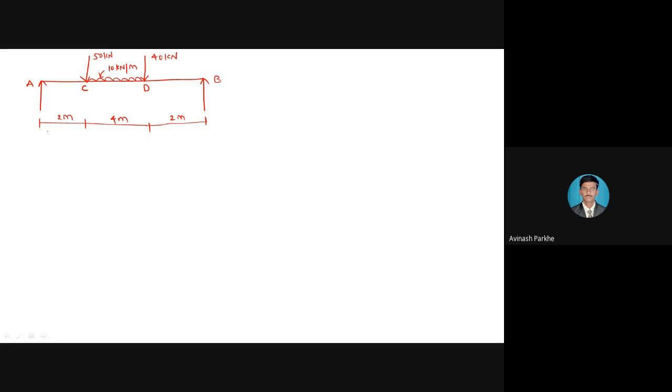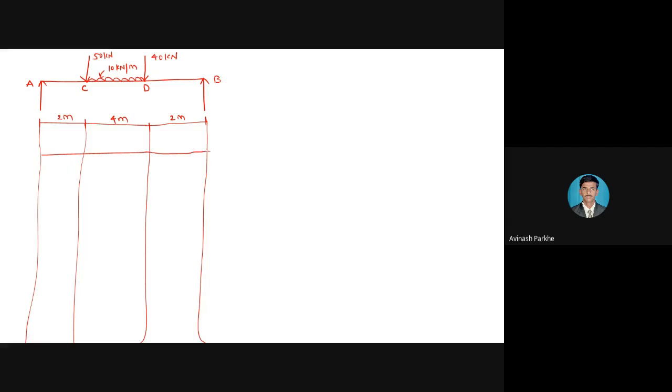At least start with the reaction calculation first. But here UDL is there, means you have to convert that particular UDL into the point load. So one more loading diagram you have to draw here. Take the projection lines below. Okay. One more loading diagram you have to draw because UDL is given.